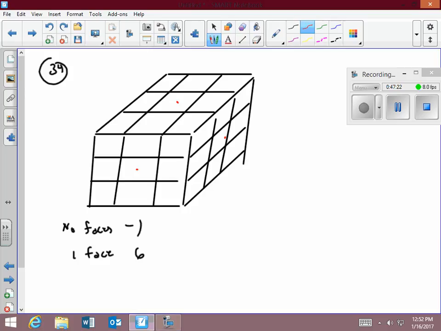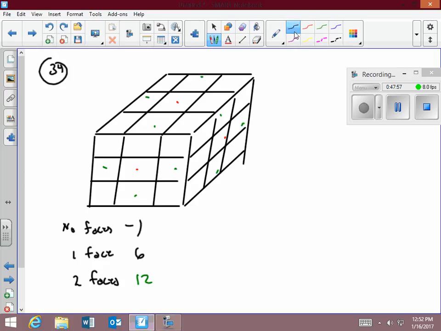Then there's one here, one on the back side, that's 6. 2 faces, there's going to be 12. They've got to be like this corner one, 2, 3, 4, there. Then there's 5, 6, 7, 8. And then there's 9, 10, 11, and 12. So there's 12 of those.